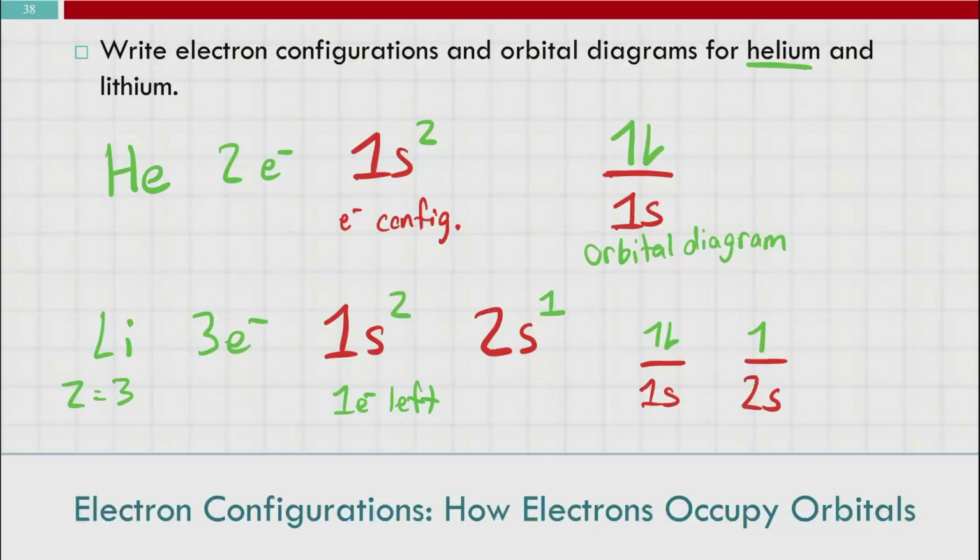From the periodic table, the number that's up top, just right above the symbol, that's the number of protons. So 3 protons. In order for it to be charge neutral, it has to have the same number of electrons. So 3 protons, 3 electrons. And that will always be the case for neutral elements. And I don't think we do anything with ions in this class.